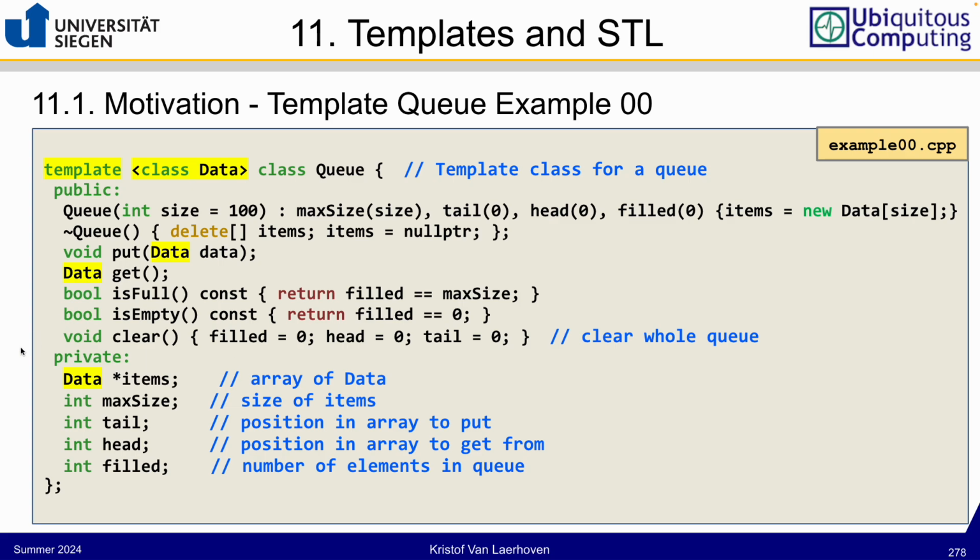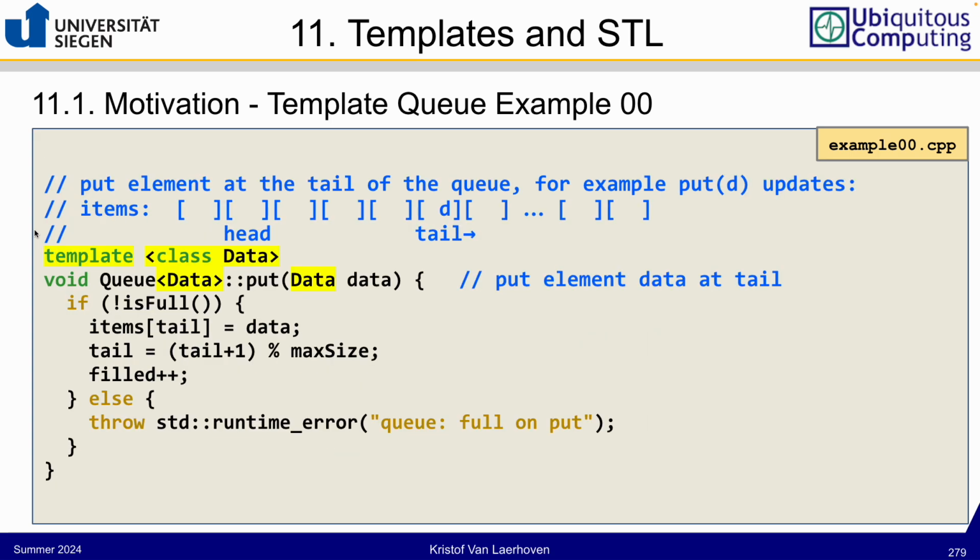And there's almost no difference with our normal queue, except that here integer was replaced with data, and at the beginning we said we're using data as a parameter for our template class. And that is now a template class. And when we implement the member functions, we have to do this in the CPP file typically as well.